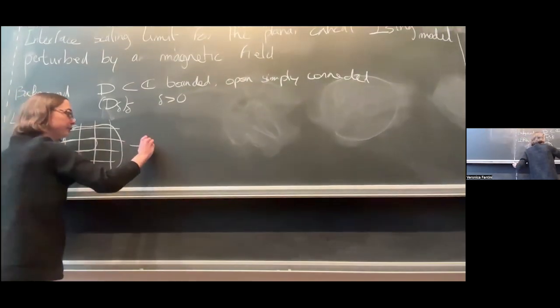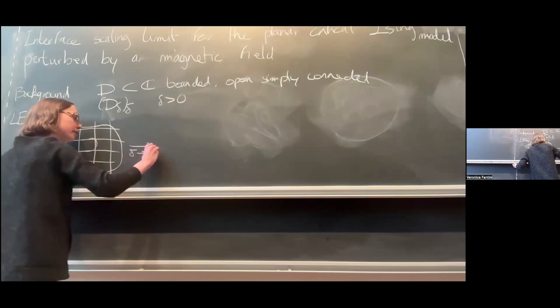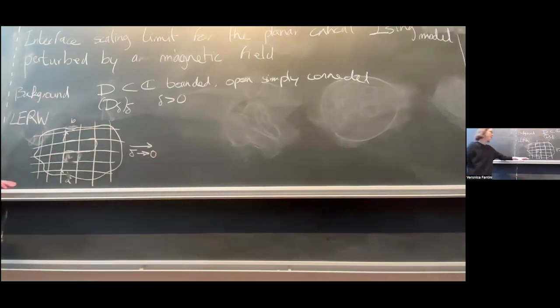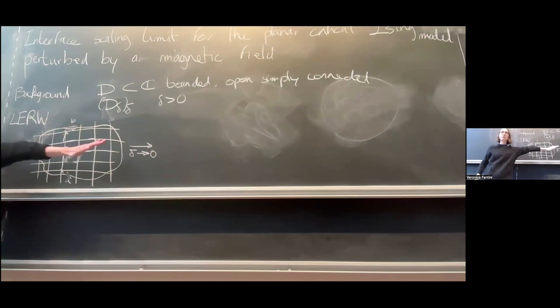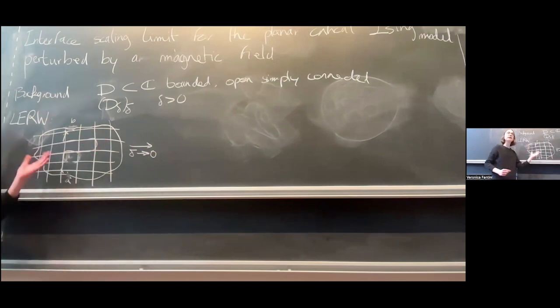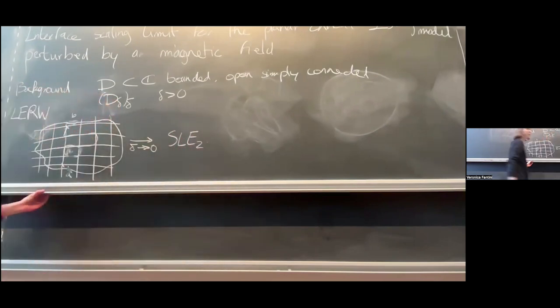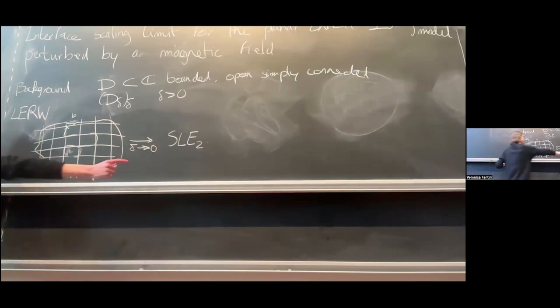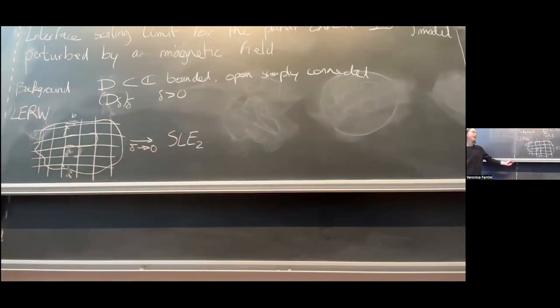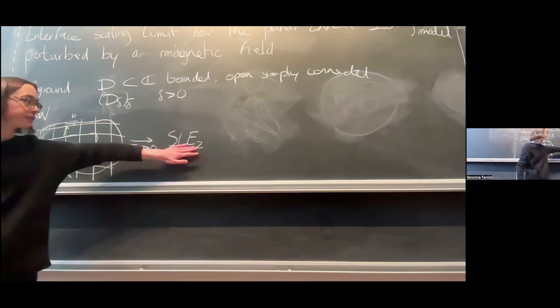Another question you ask is what happens to this path, which goes from A to B, as delta goes to 0. Do you have a scaling limit in some appropriate topology? It has been shown by Lawler, Schramm, and Werner that this converges to a random curve called SLE, for Schramm-Loewner evolution, with parameter 2.